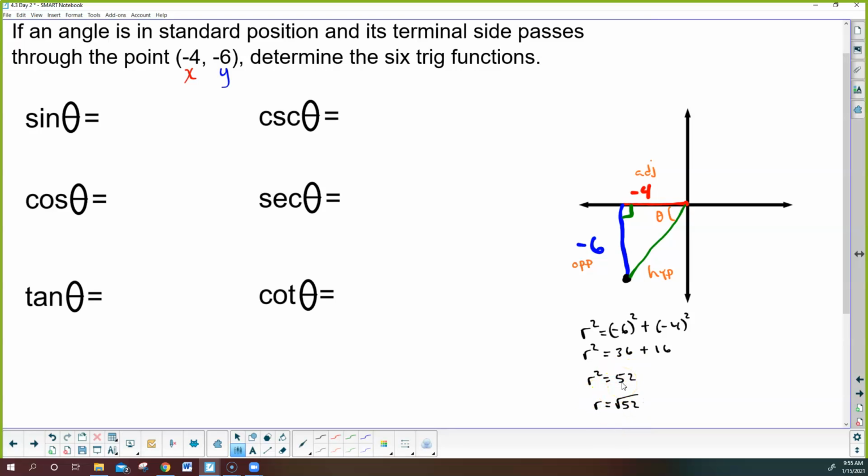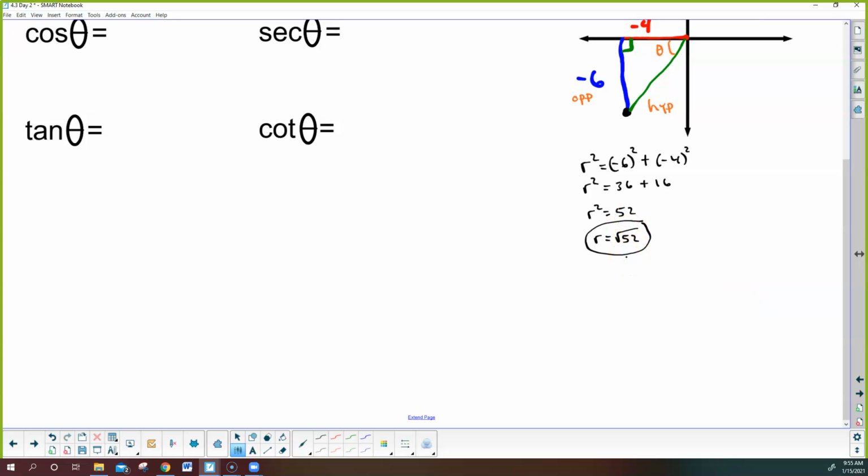And I don't know if that can be reduced. Yeah, it can. I'm going to leave this for right now. Even though it could be reduced, I'll just show it to you quick: it could be 4 times 13 is 52, and then the square root of 4 is 2.